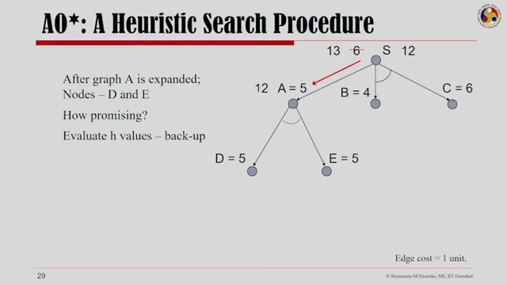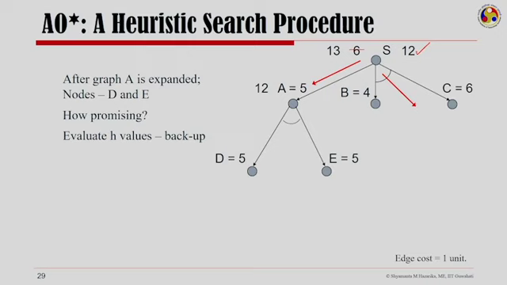The moment I have a 12 for A, this side would be 12 plus 1, 13 instead of 6. A little close examination will make you realize that this path no longer is promising for us. The other path has an estimate of 12 and it becomes more promising. So, I will rather follow that than expanding D or E further.